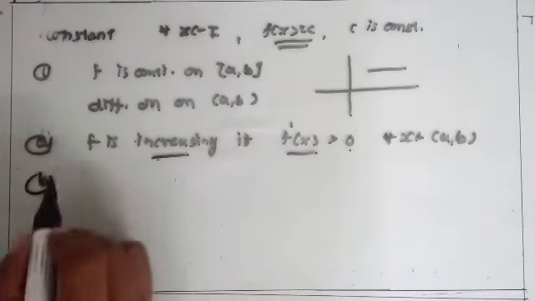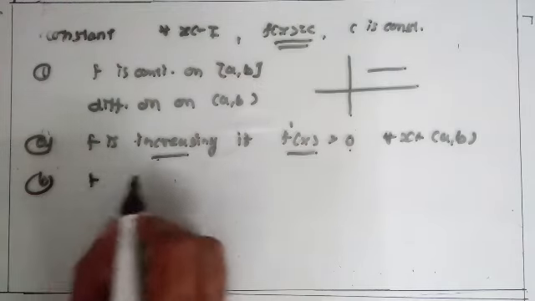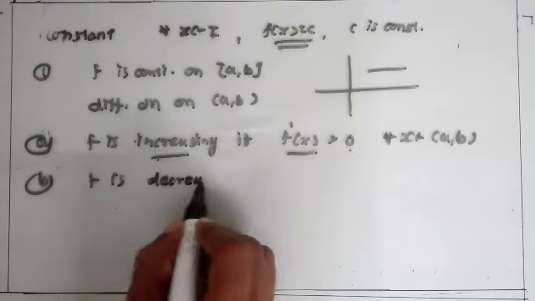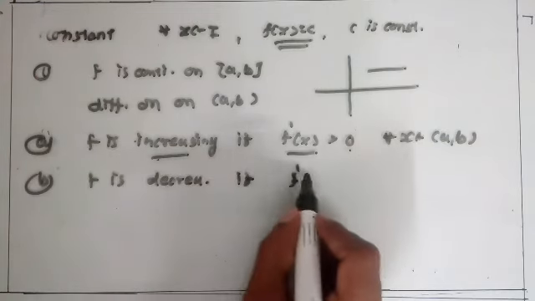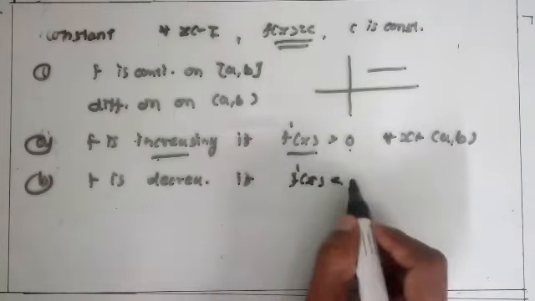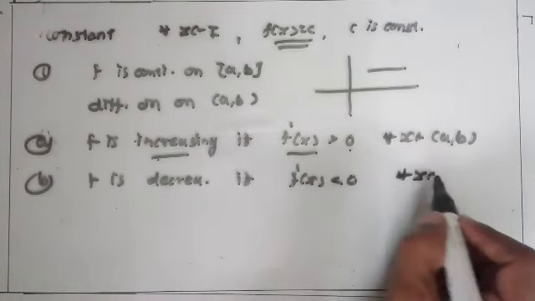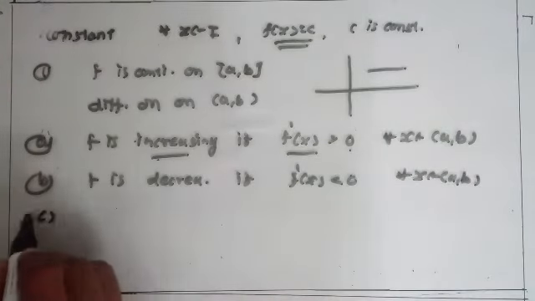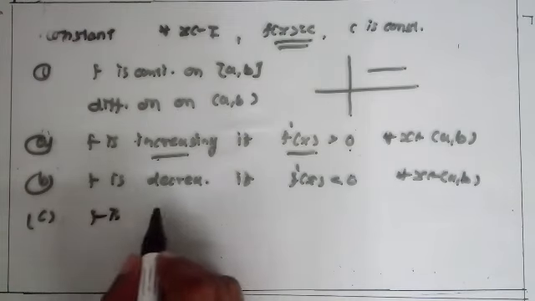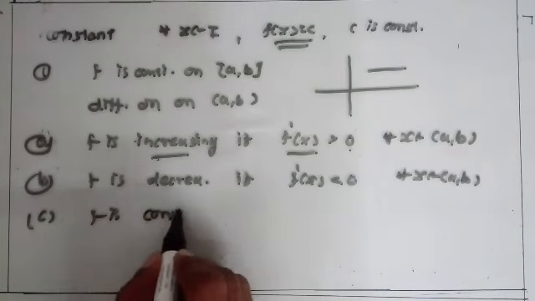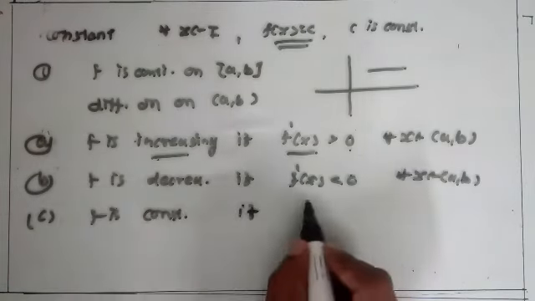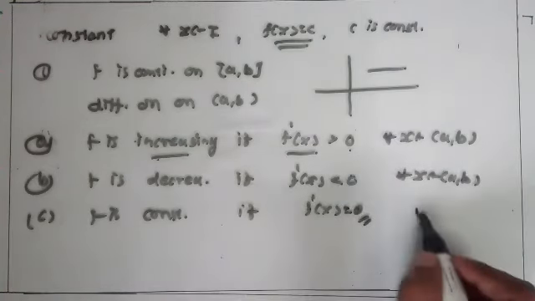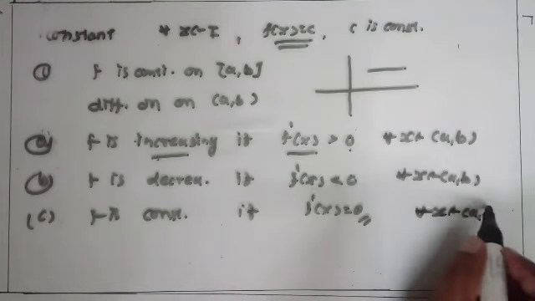Next, f is said to be decreasing if f dash x, that is the first derivative, is less than 0 for all x belongs to (a, b). Clear? And the third, f is said to be constant if f dash x, the first derivative, becomes 0 for all x belongs to (a, b).